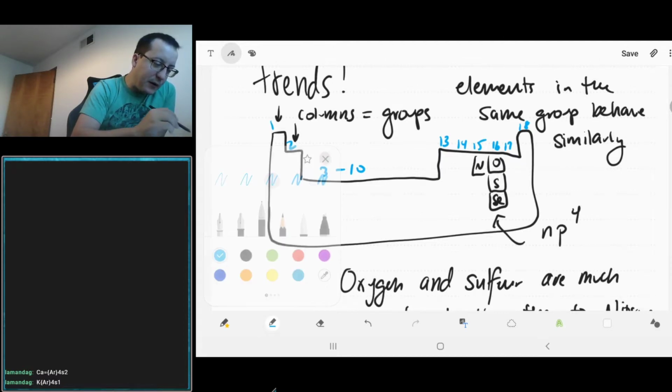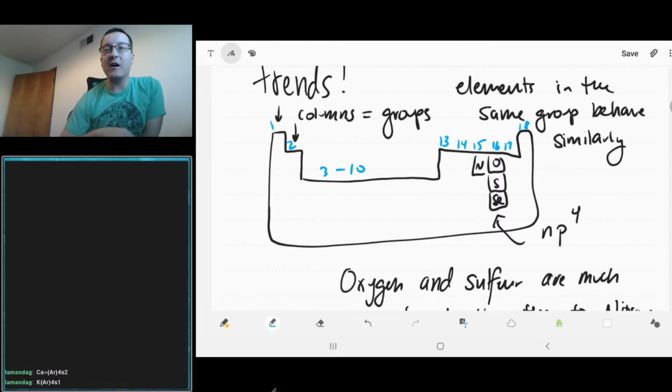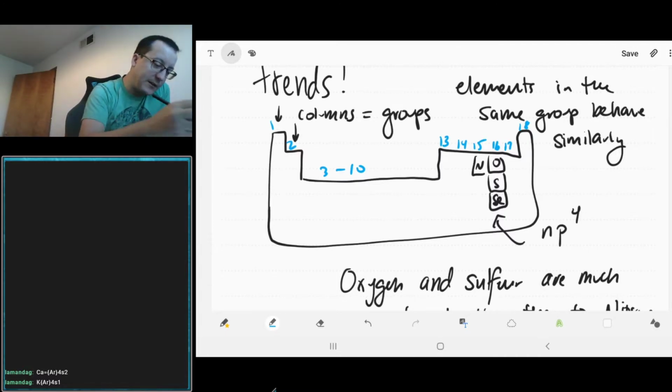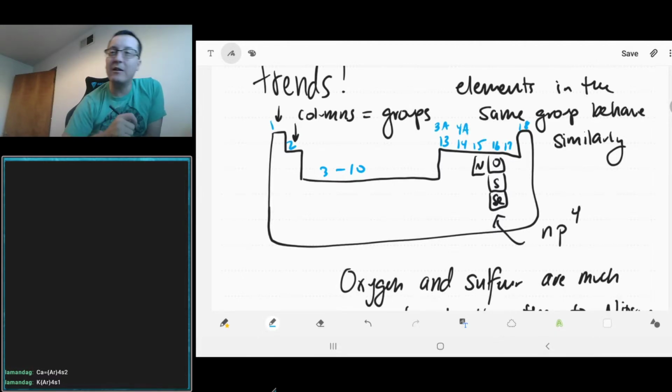There's a fun thing that we can think about in order to figure out the valence electrons. You'll also see these sometimes as 3A, 4A, etc., instead of 13, 14, 15, 16, 17, 18. But it's just that different periodic tables will display it that way. No difference. The groups, again, are still going to be the same.